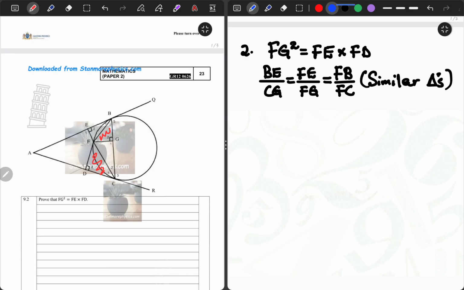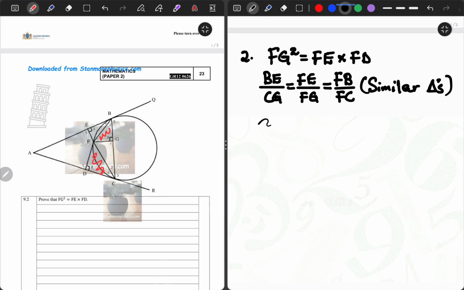I need black here, so I can say in triangle FDC and triangle FGB, what will happen?